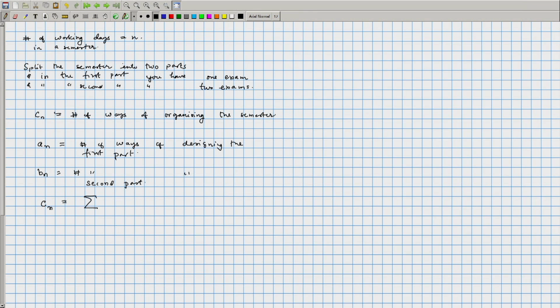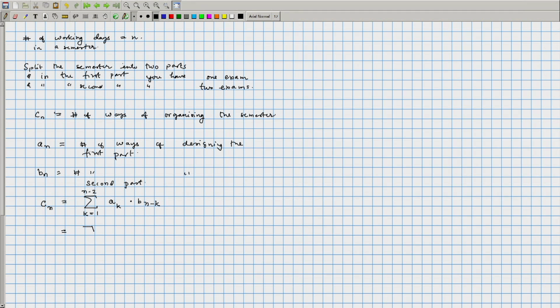So, that is going to be a summation over k, where k is the number of days in the first part. So, k goes from 1 to n minus 2, because if the first part contains n minus 1 days, the second part can contain only 1 day. That is not going to give a meaningful split with 2 examination days, and therefore k goes from 1 to n minus 2, of A_k times B_{n minus k}.